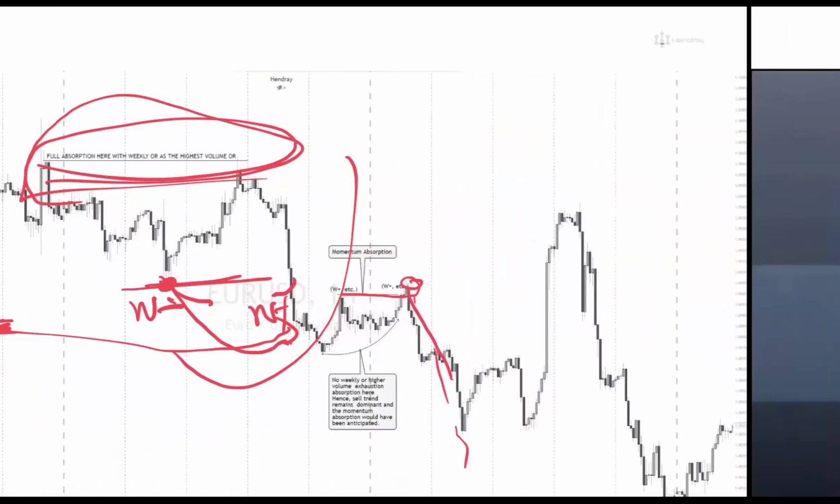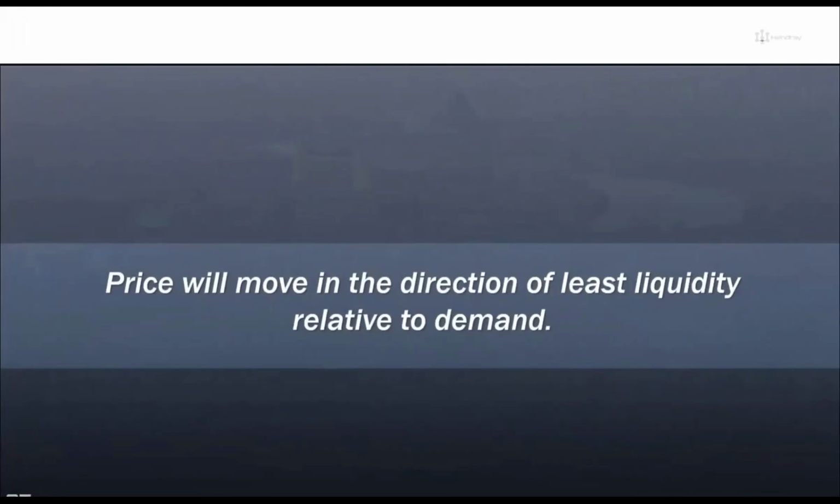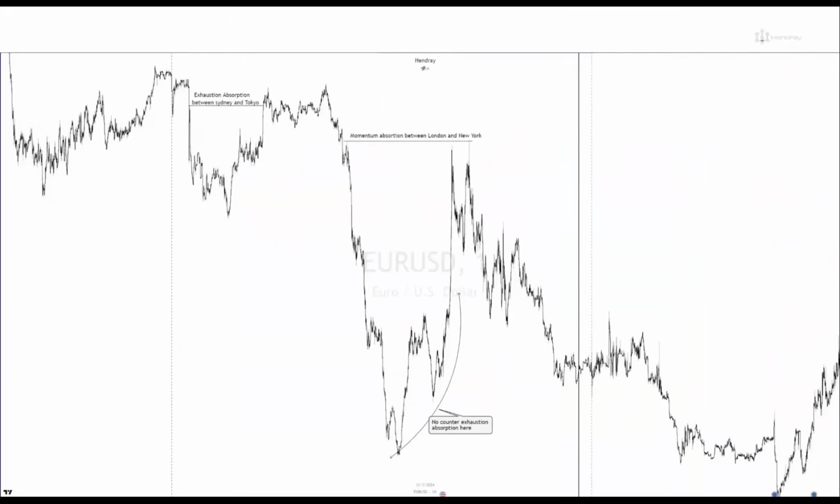So that is the momentum absorption. I repeat, price will move in the direction of least liquidity relative to demand. Okay, I show you that same example I showed you of sessional, the same one I repeat here.